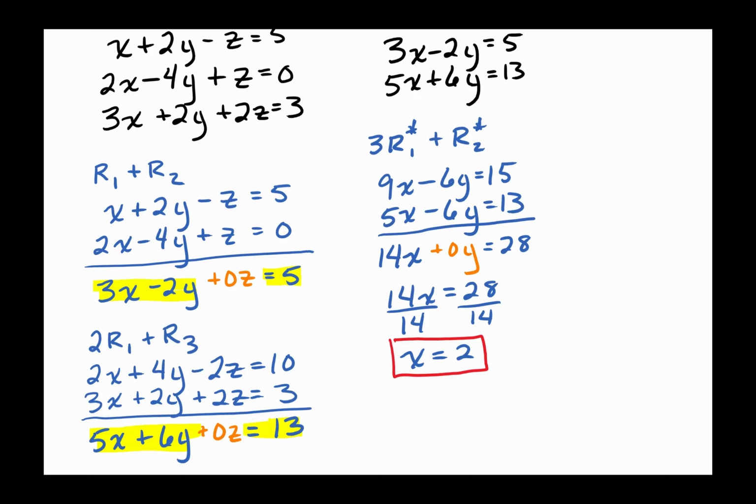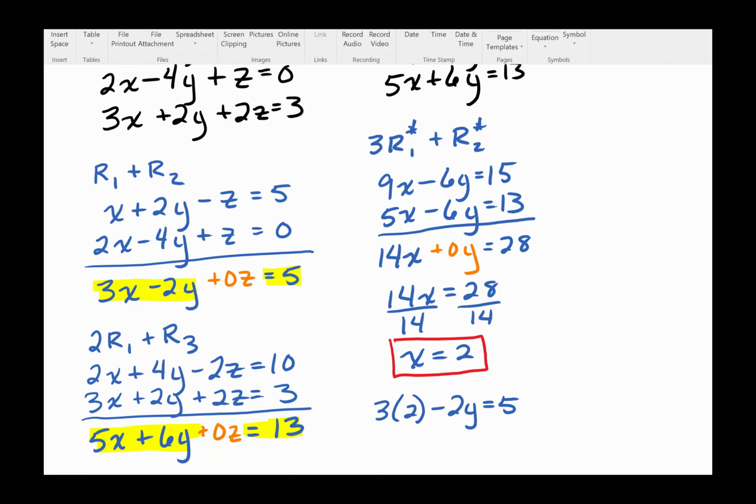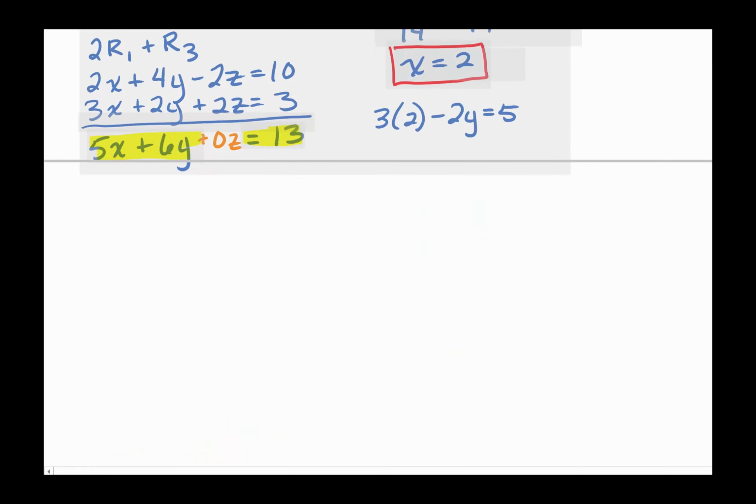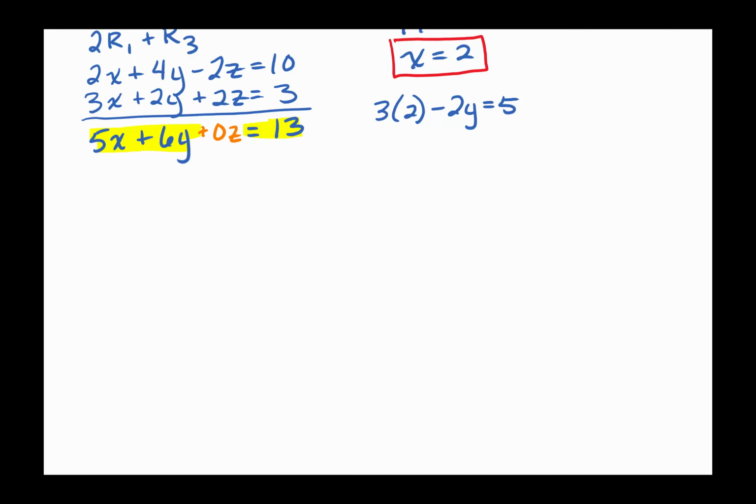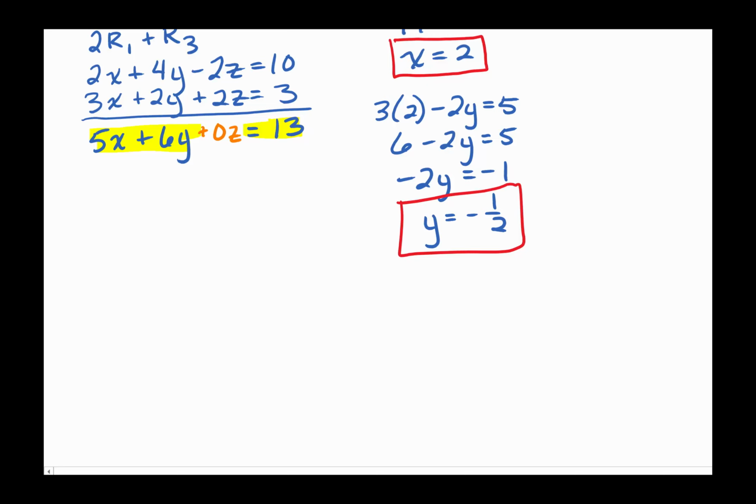So let's plug it just into the first one. 3 times 2 minus 2y equals 5. And that's going to give me 6 minus 2y equals 5. Subtract 6 from both sides. Minus 2y equals minus 1. And so y equals 1/2. There's the y part of our solution.